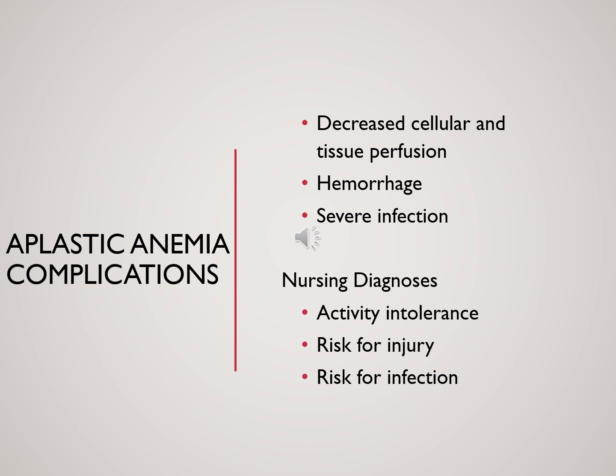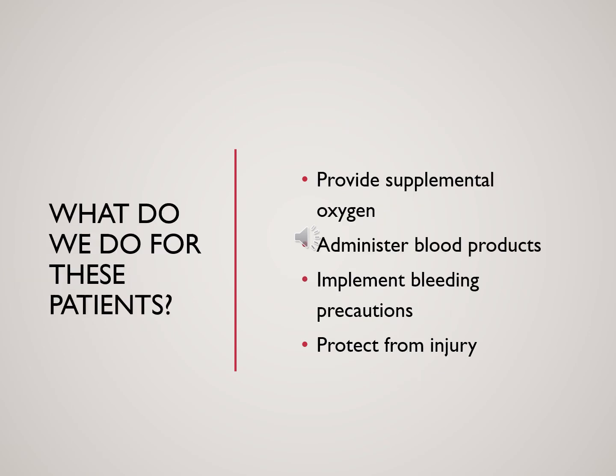So as we're looking at this, we have our decreased cellular and tissue perfusion, a very high risk of hemorrhage, and a high risk of infection. So what do we do for our aplastic anemia patients? We provide supplemental oxygen, we administer blood products, we implement bleeding precautions, and we protect them from injury.